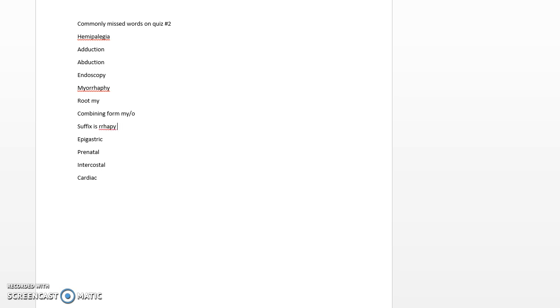Hopefully I'm spelling that right, because that counts. R-R-H-A-P-H-Y, right? And this means suture of. So the suturing of muscle, myorrhaphy, and so that is certainly a surgical term as far as categories go.